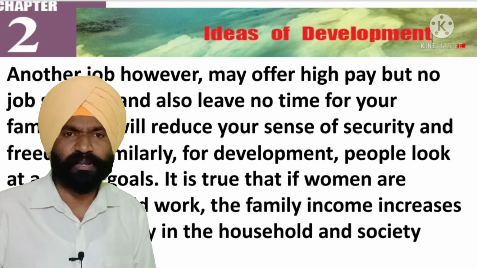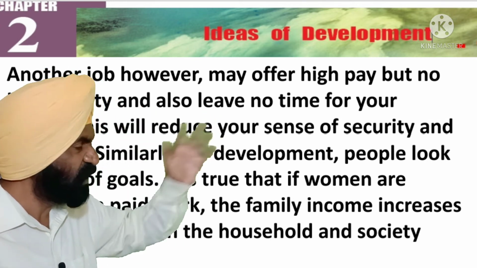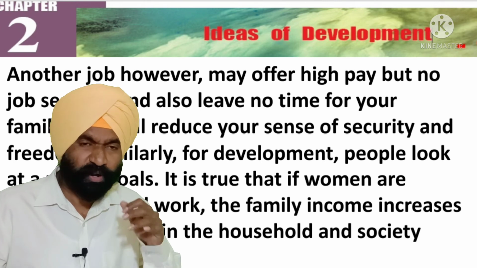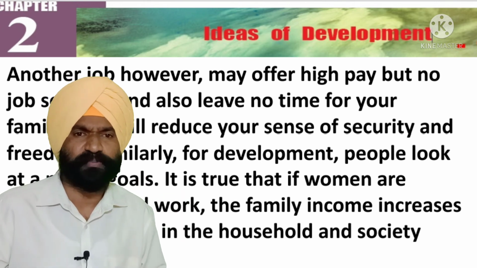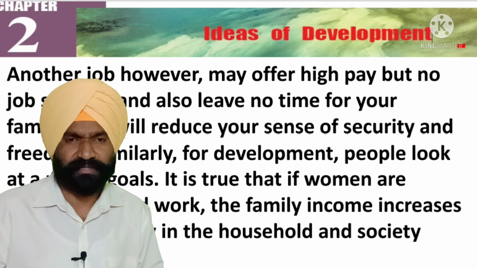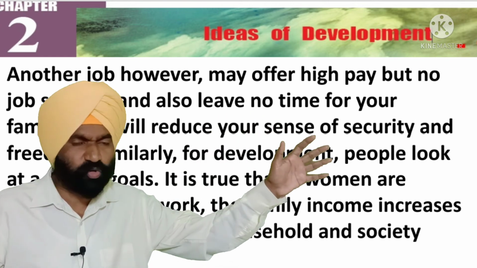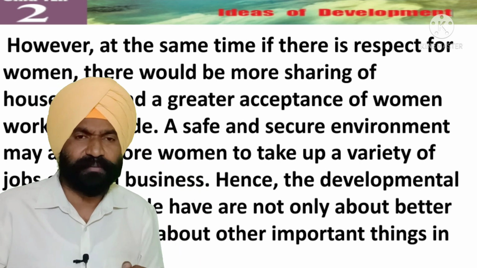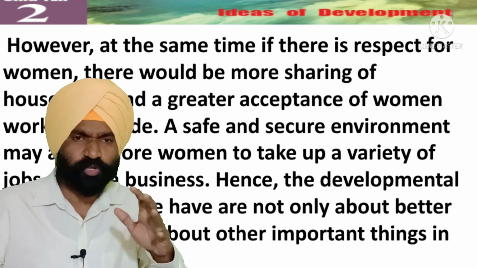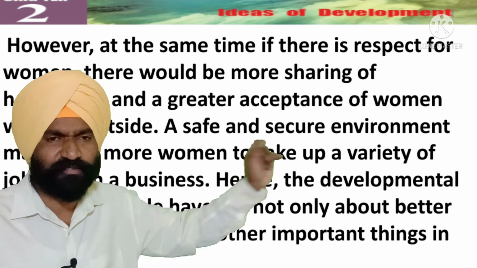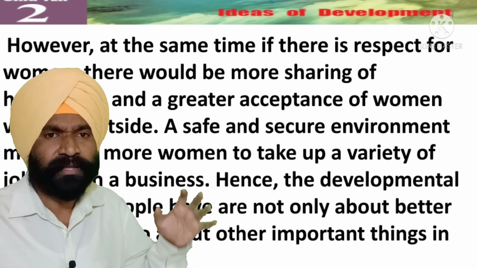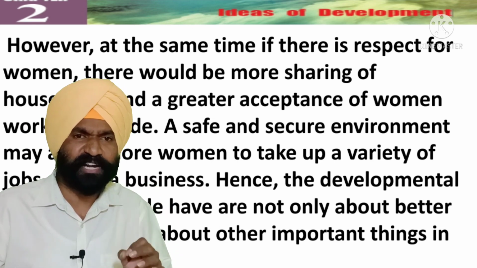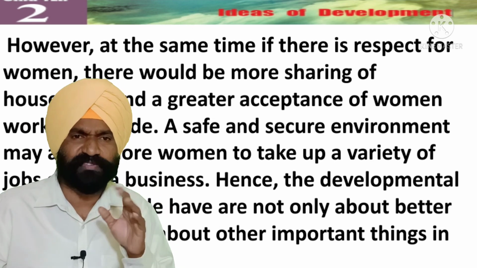For example, if women are provided security in society, more and more women will come out to do jobs and to do business. And if women come out to do jobs and business, their respect in society and in the family increases. Their household work will be shared as she is a working woman, and the income of the family increases, where children may be provided with good facilities and their needs will be fulfilled.